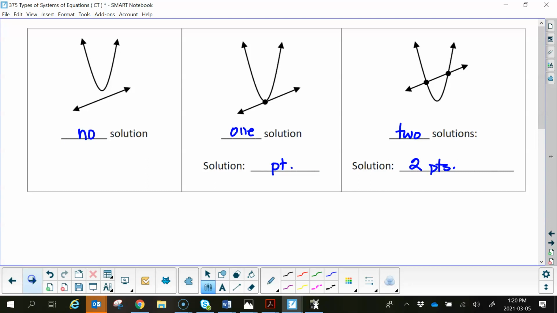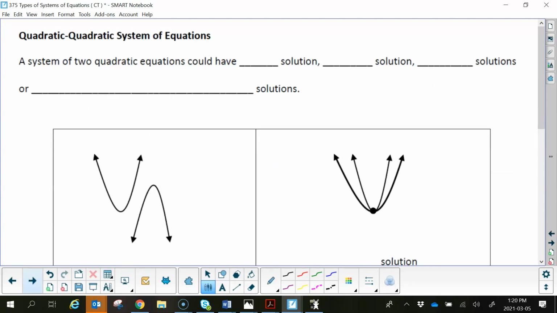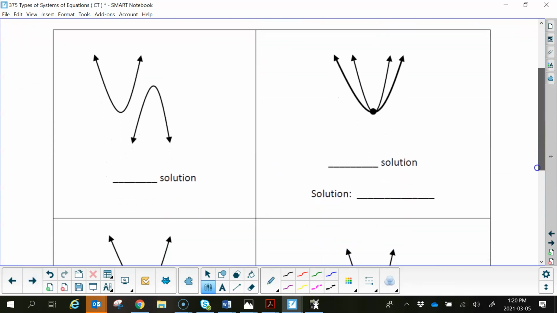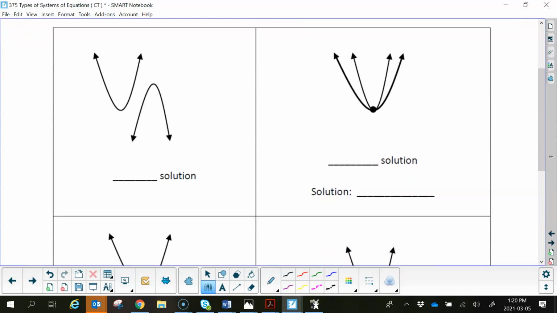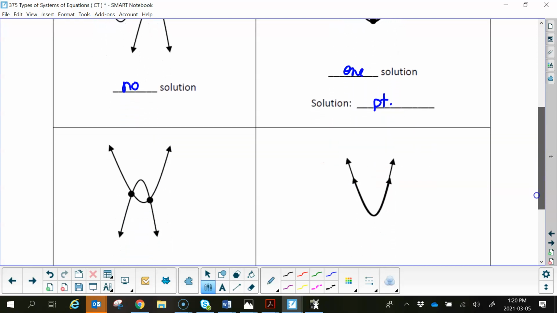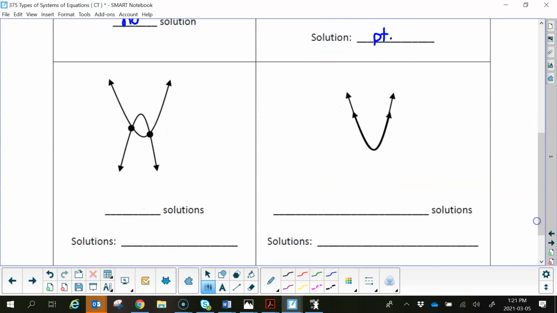Then quadratic quadratic. Now we have a few different cases. No solutions here, and that would be when they're opening one up and one down. This one has one solution, so it's a point. Two solutions, so two points.